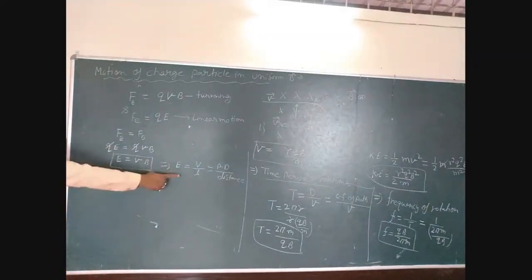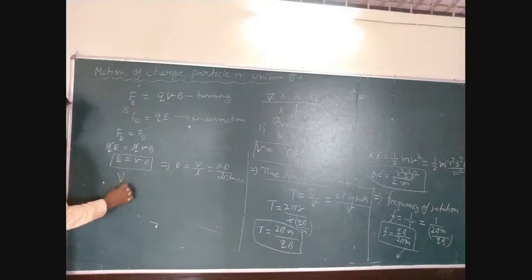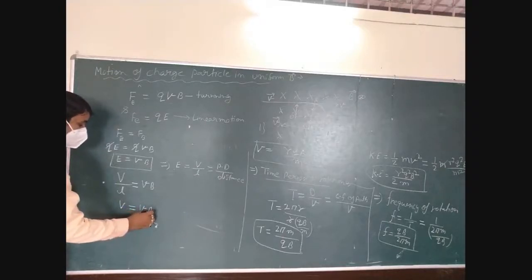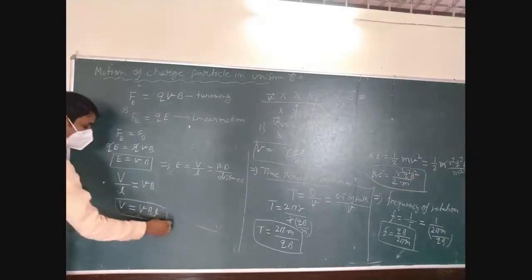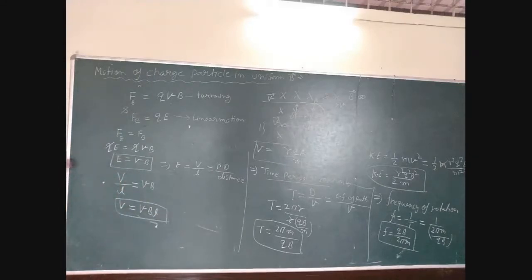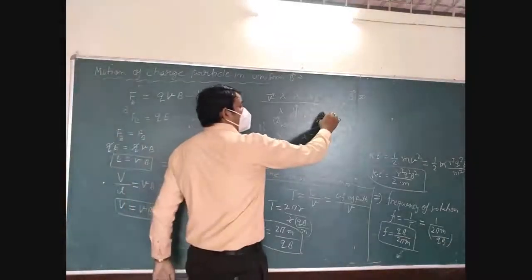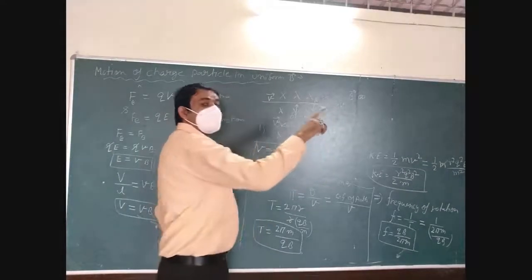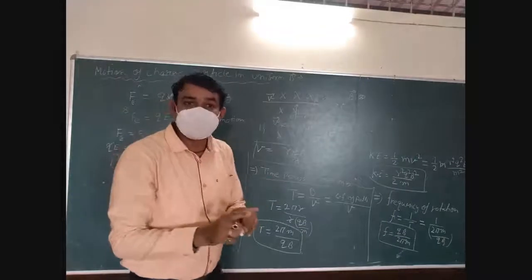Okay, by using this result here, we get V upon L is equal to V into B. That means the potential difference is equal to VBL. Now, if the charge is revolving, then as its motion, we know that moving charge creates electric current.